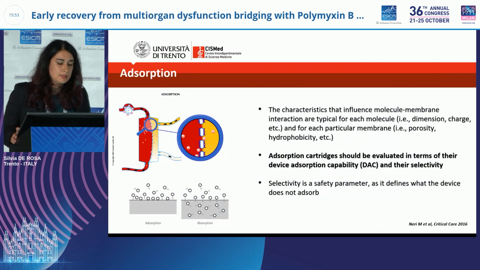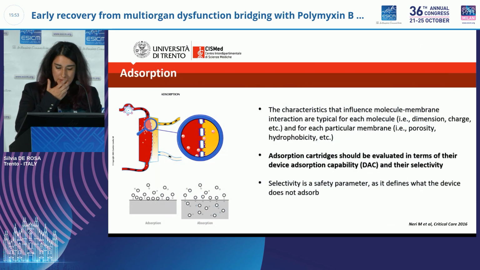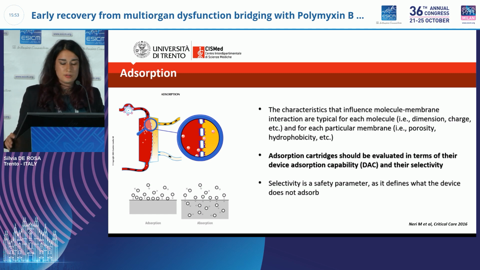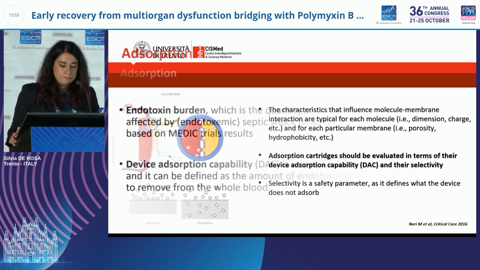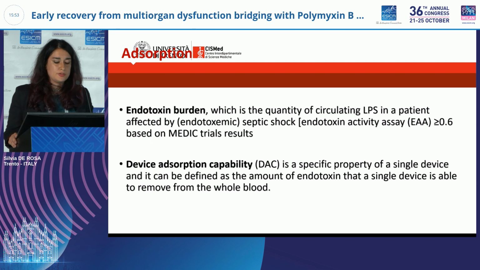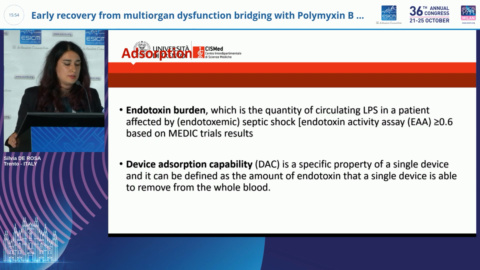The characteristic of adsorption is that it is influenced by molecule-membrane interaction and is typical for each molecule and each particular membrane. But when we choose the device, we should also assess the device adsorption capability. And we also have to assess the endotoxin burden of our patient, which is the quantity of circulating LPS in a patient affected by septic shock.